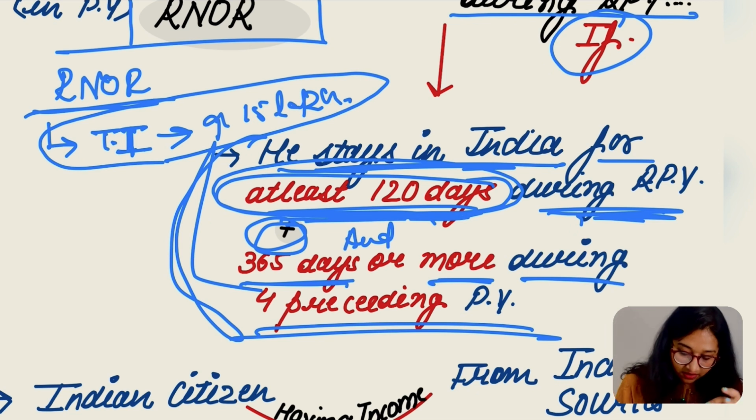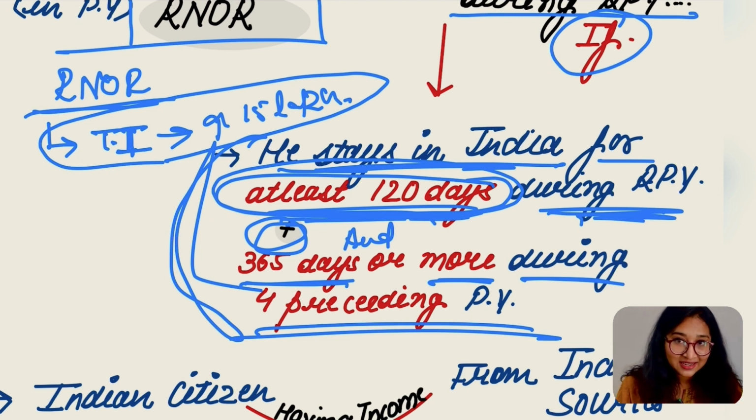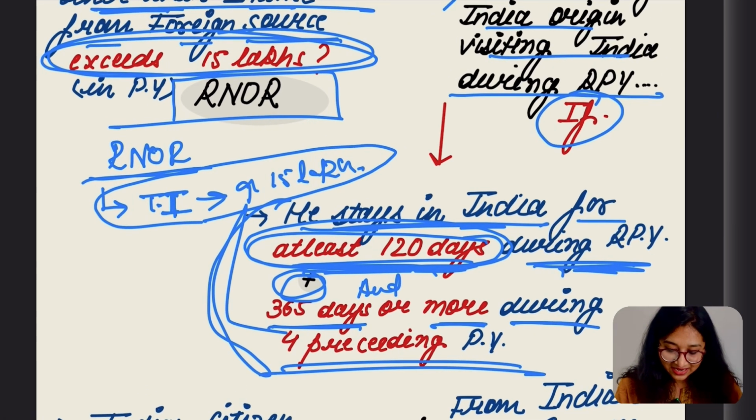Just instead of 60 days, they have taken 120 days. In the third case, the Indian citizen or person of Indian origin visiting India during the relevant previous year would be RNOR.